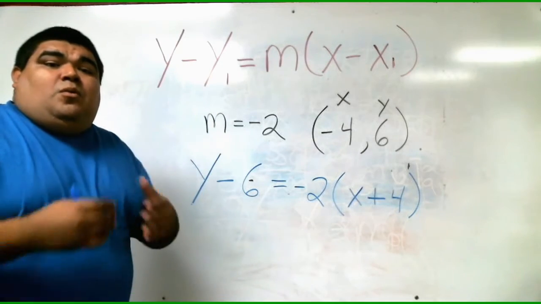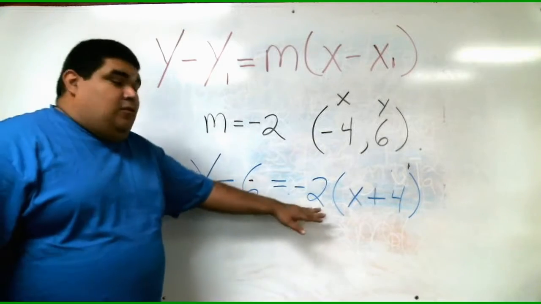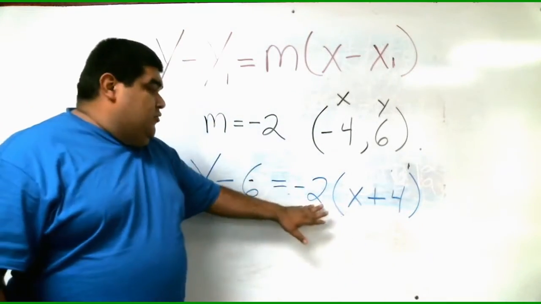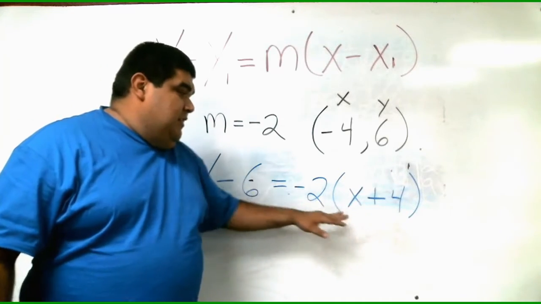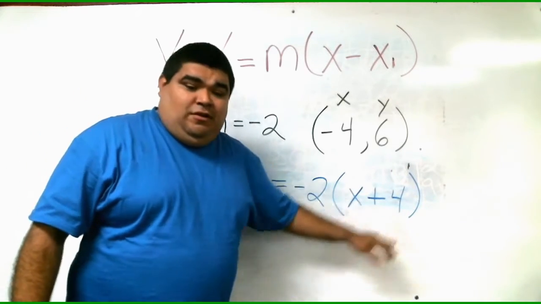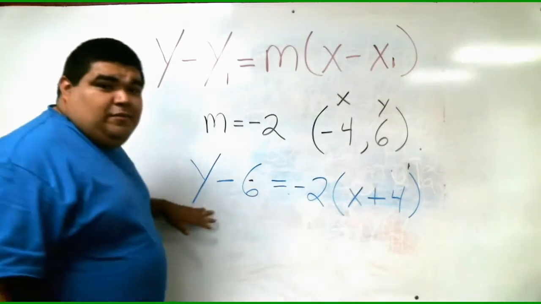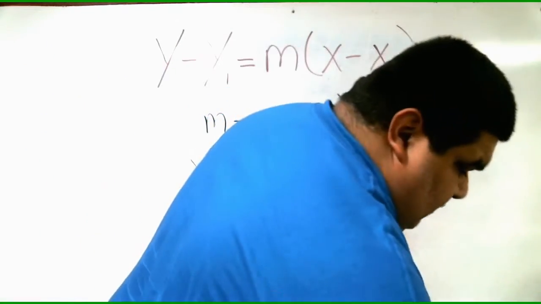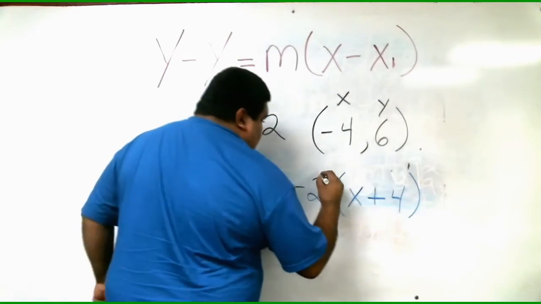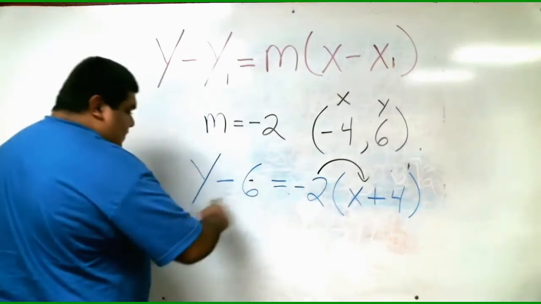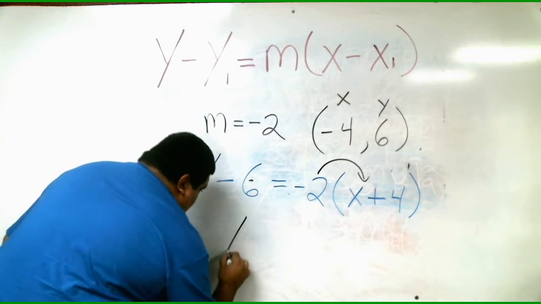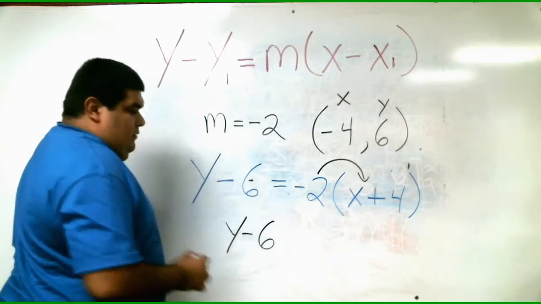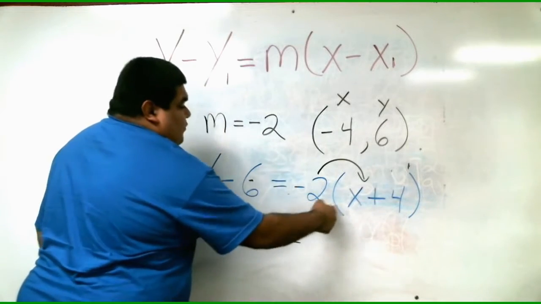Now we do a step called distribute. Okay? We're trying to get rid of the parentheses here. So we're going to distribute the -2 times the x, -2 times the 4. We're not going to do anything over here because nothing to do right now. Okay? So we distribute, bring this down, y minus 6 equals negative 2 times x.